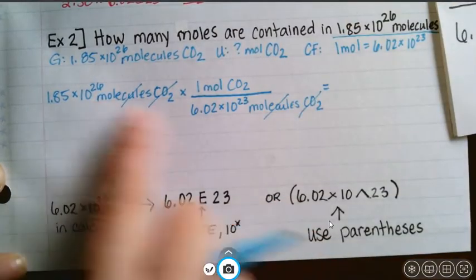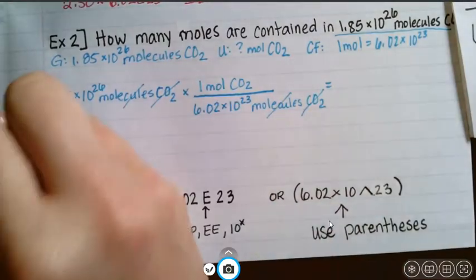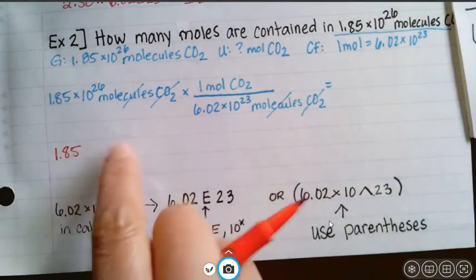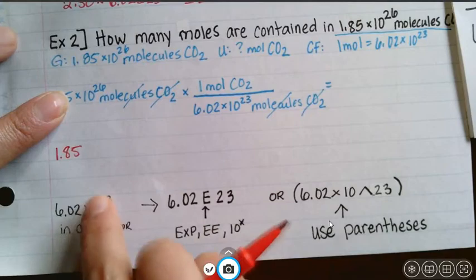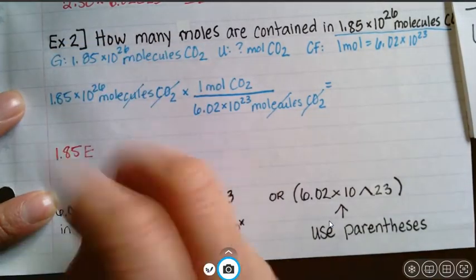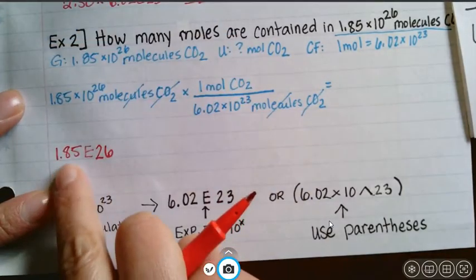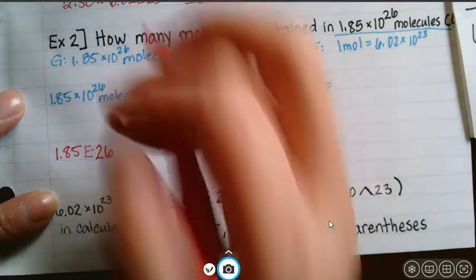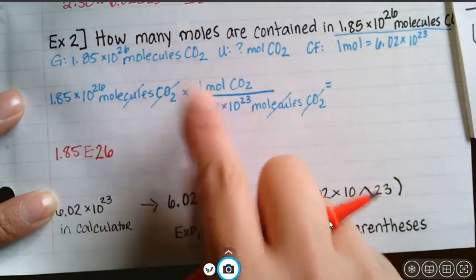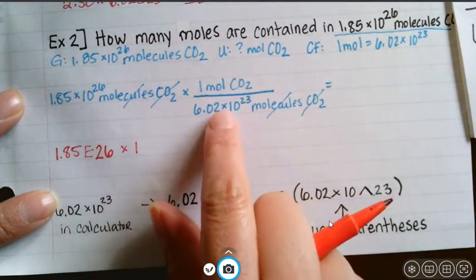Okay, now we're going to do the math. How I put it in my calculator is this. 1.85, the times 10 to the power of, I can take care of with an e, to the 26. So 1.85 e to the 26, we multiply the numbers across the top, so times 1, then I hit enter.